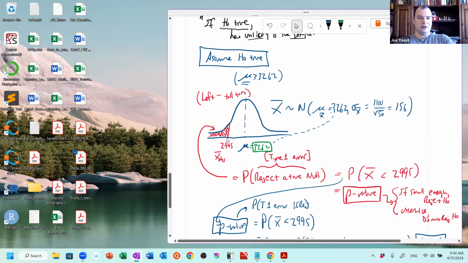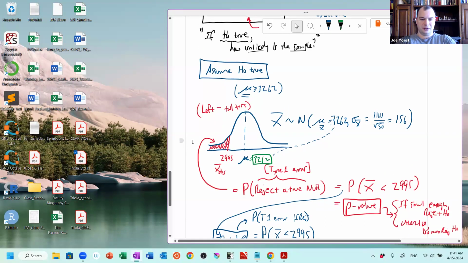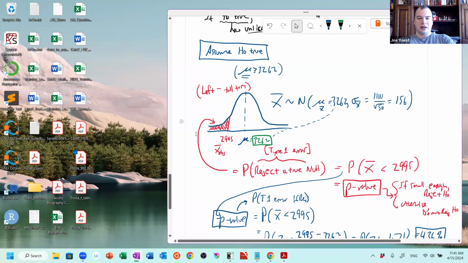If I reject for X bar observed 2995, I would reject for any X bar observed further to the left. And the probability that if the null was true, in the most conservative case, that I would get a sample mean to the left of 2995 for a sample of this type with this sample size and standard deviation and so on.